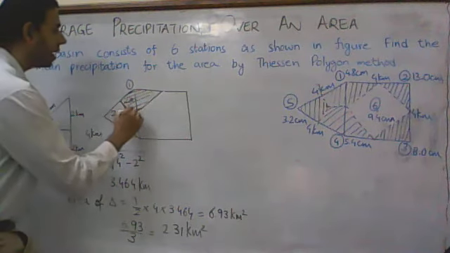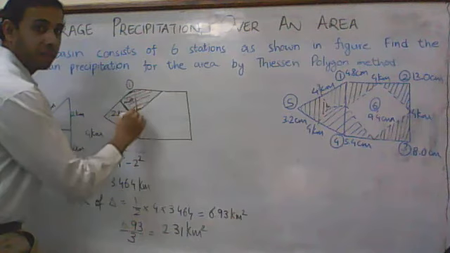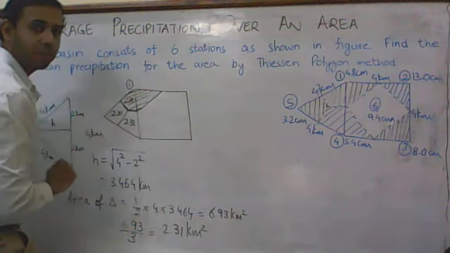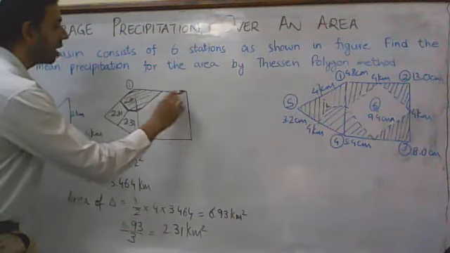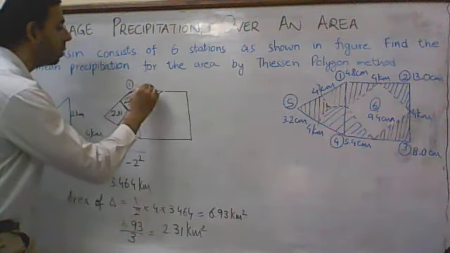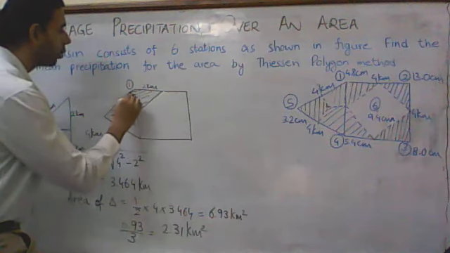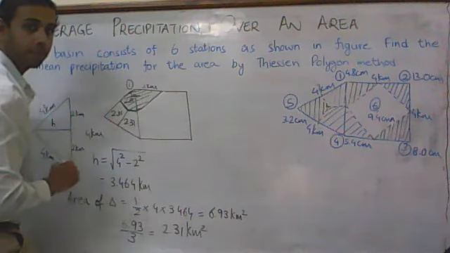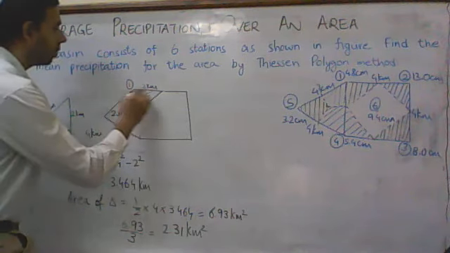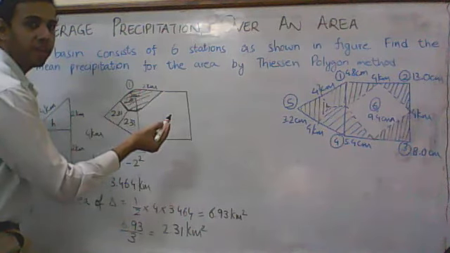Now we need to find the area of this right angle triangle. This is also simple because this total length is 4 kilometer. So this length will be 2 kilometer and this length will also be 2 kilometer. So this is base and this is height, and we can find the area directly.